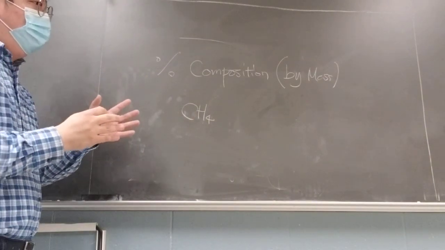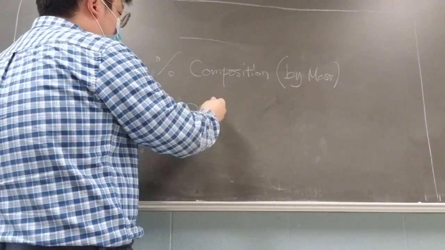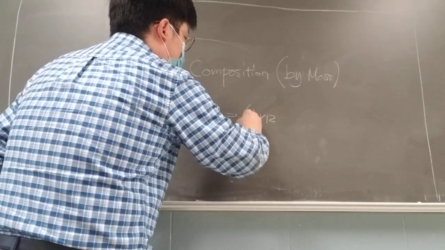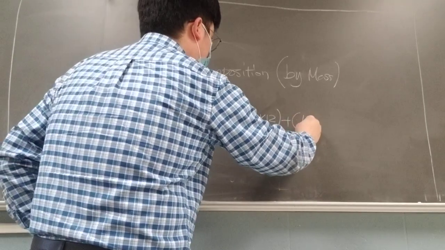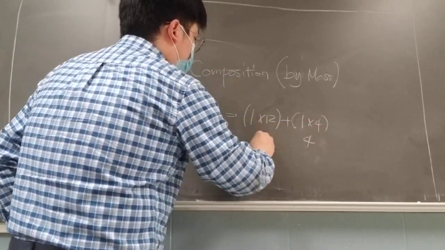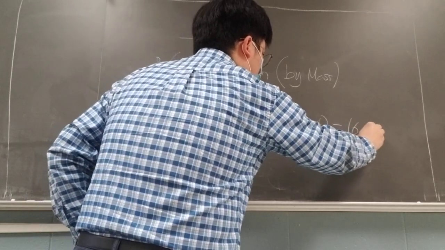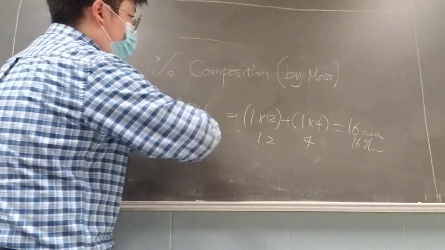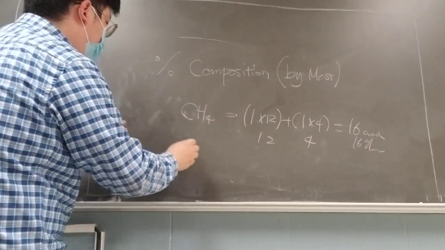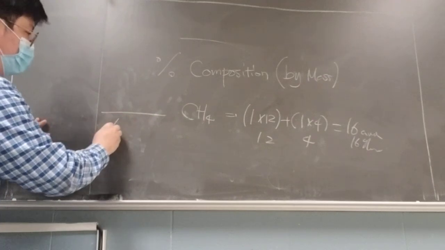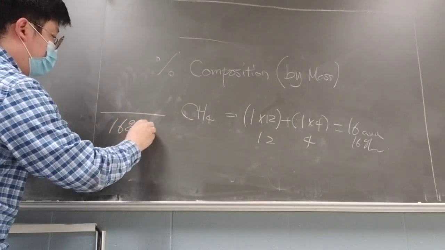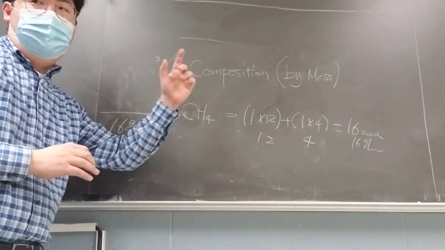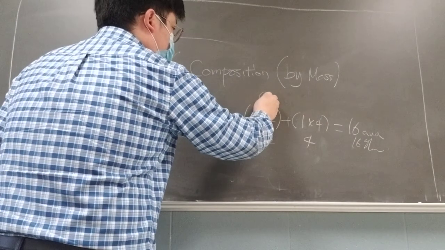You can get the molecular weight here. This is 1 carbon, so it'll be 1 times 12, plus this is what? 1 times 4, so it'll be 4. That makes 16 AMU, or 16 gram per mole. So you know the whole molecular weight, or formula weight, is 16 gram per mole. And I want to know the carbon percent composition by mass. This is the carbon, this is the hydrogen, right?